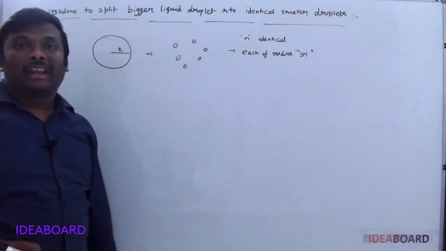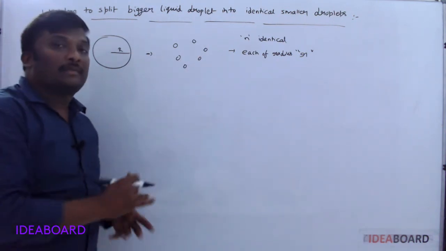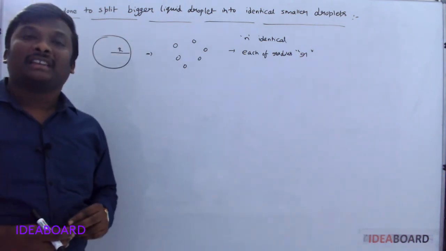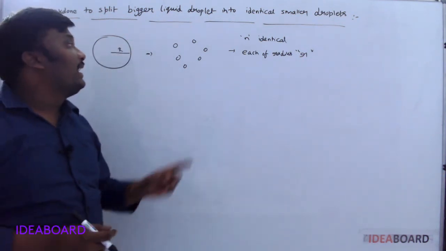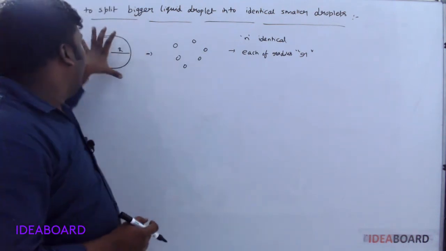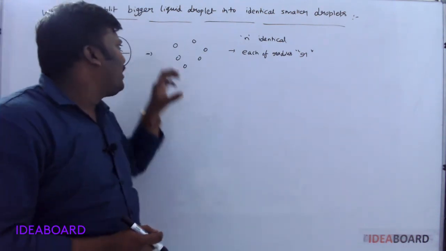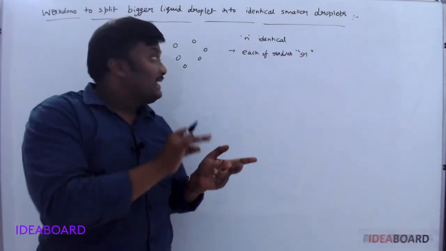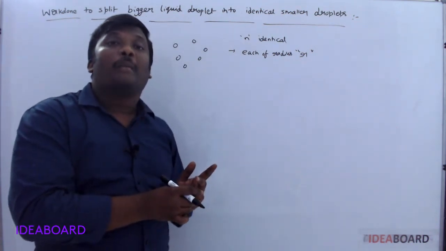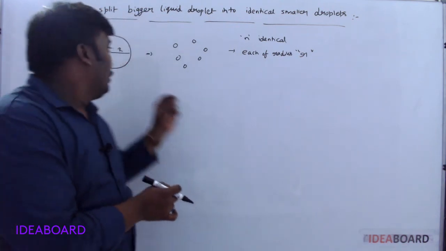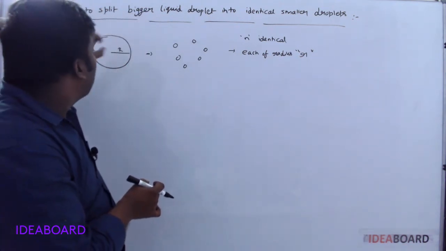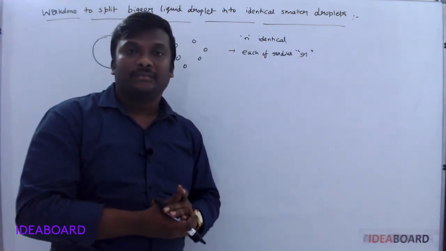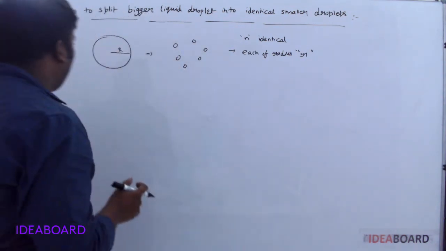During this process, what happens, and which type of questions may be asked? What happens to the surface area? The surface area increases as the bigger droplet is converted into smaller droplets, and its temperature falls. Sometimes they ask how much work done is needed to split this bigger droplet into the smaller droplets. Okay, let us discuss this one.